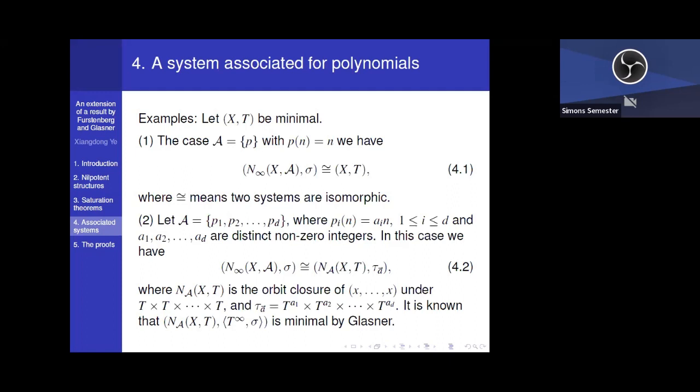If A is just the linear polynomial n, you see this is just xt. If A is a collection of linear polynomials, then this is more or less similar to what Annie defined. So in this case, this dynamical system is minimal by the result of Annie.